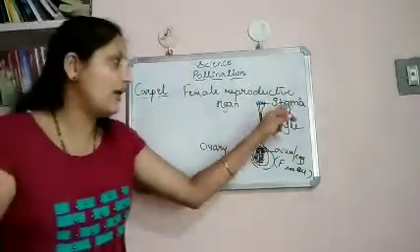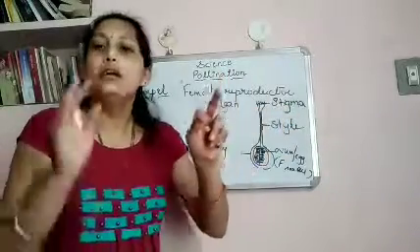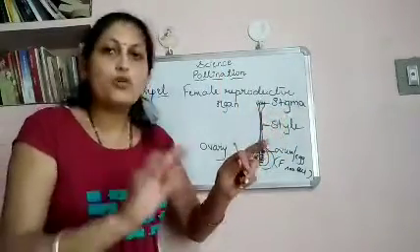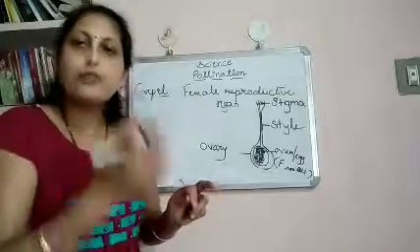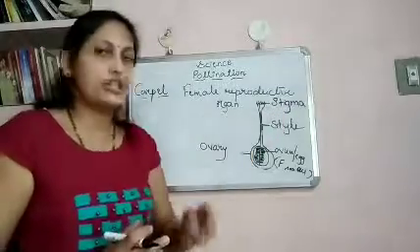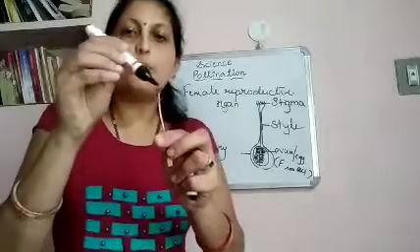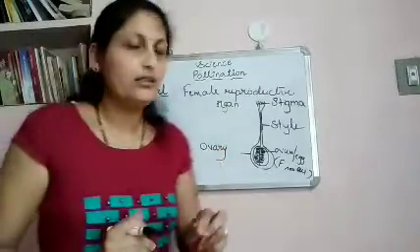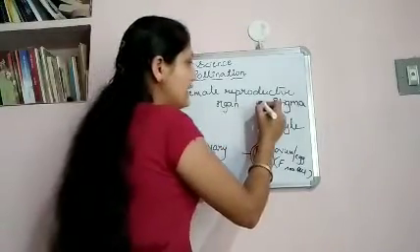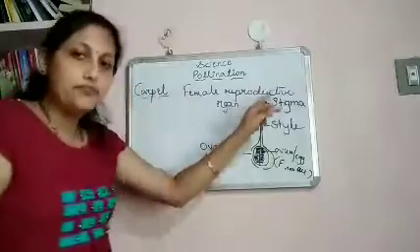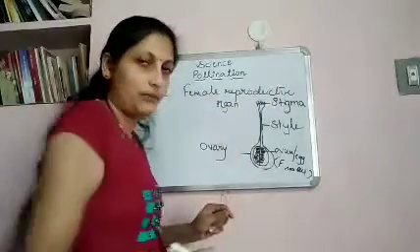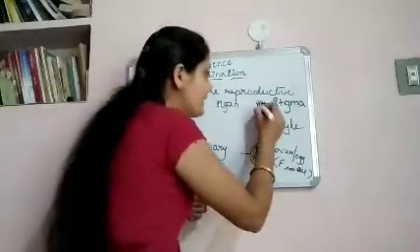The stigma, the topmost region of the carpel, receives pollen grains. What is the function of the stigma? It receives pollen grains from another flower. Next, once the pollen grains settle on the stigma, slowly they move inside the style.